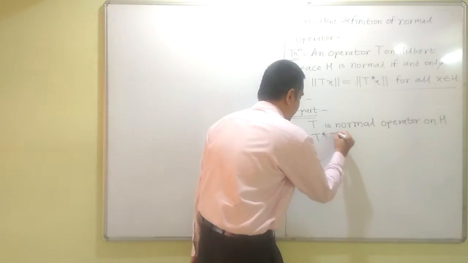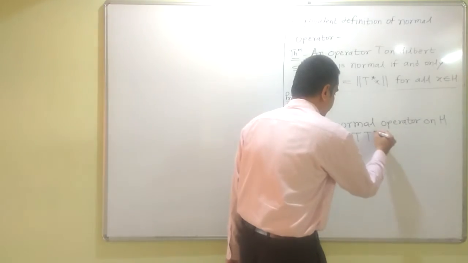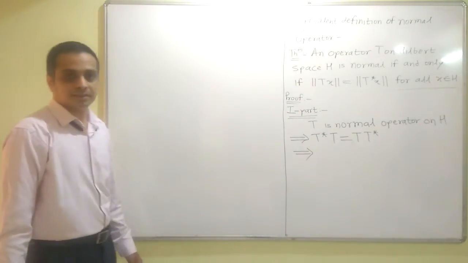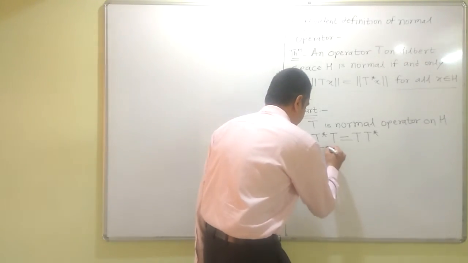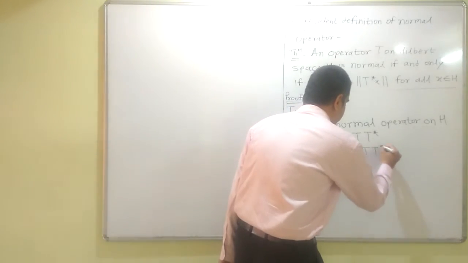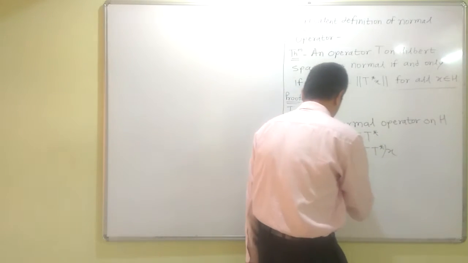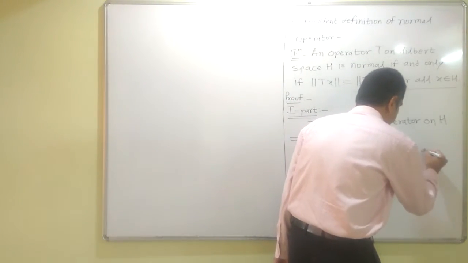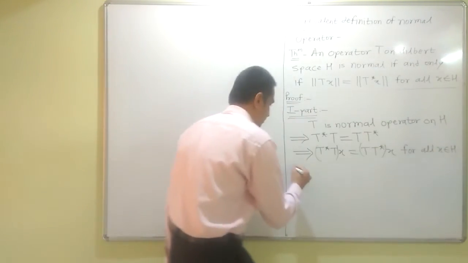So this implies that T star T equals T T star. This implies that T star Tx is equal to T T star x for all x belongs to H.